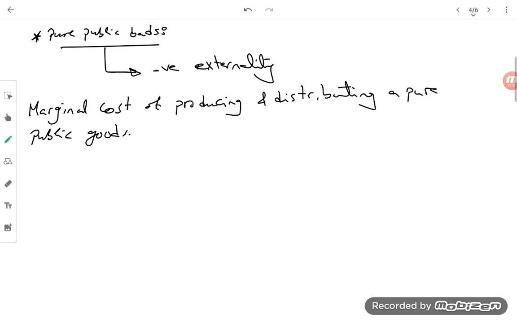In the case of a pure public good, consider the marginal cost of consuming one additional unit or allowing one more individual to use it; this axis is the number of consumers, and this is cost.